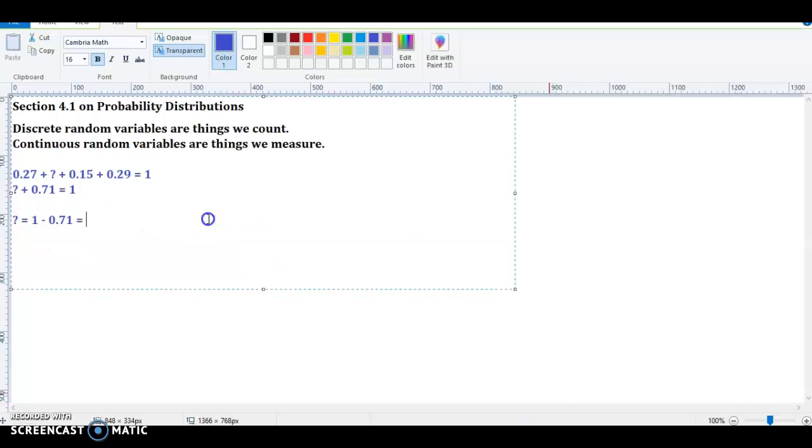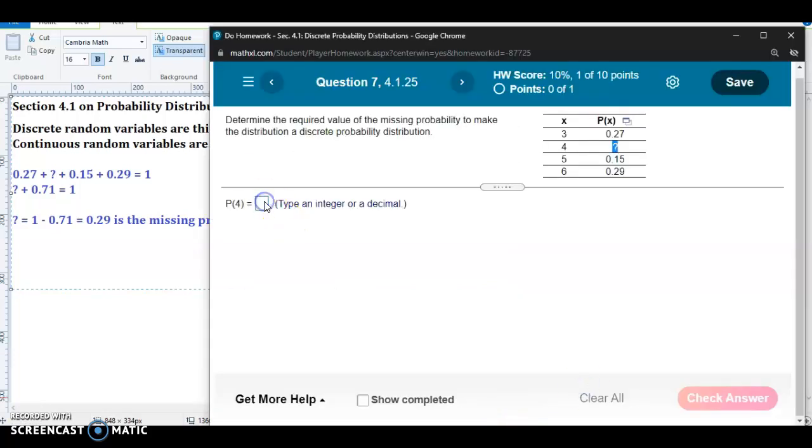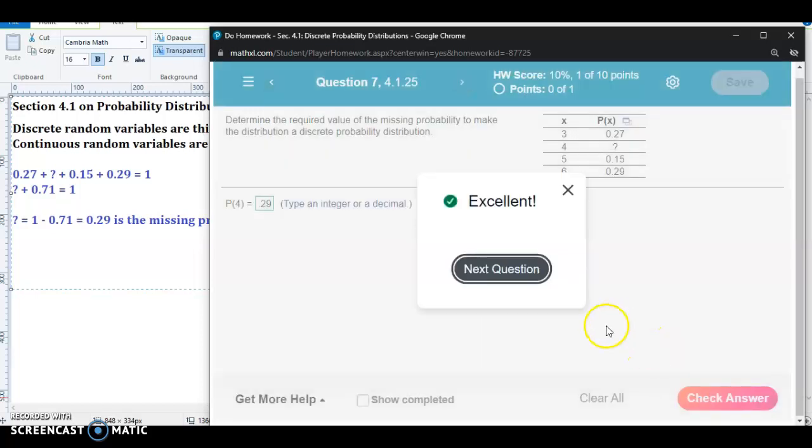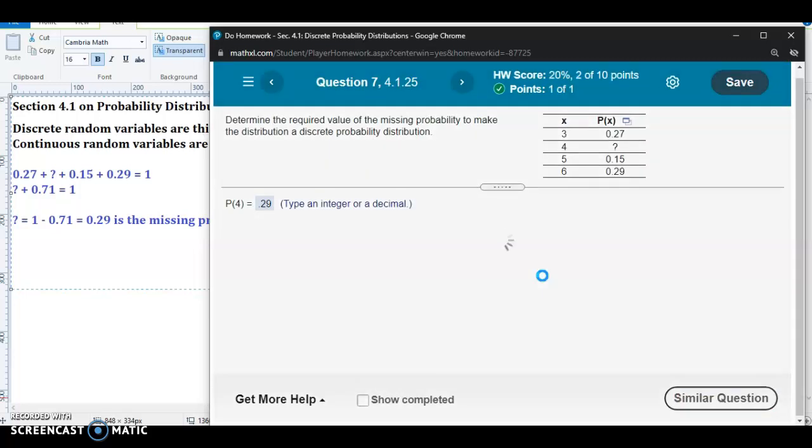According to the calculator, the missing probability is 0.29. That's going to be our answer. So the probability of 4 is equal to 0.29. Okay, good. So let's move on to the next question.